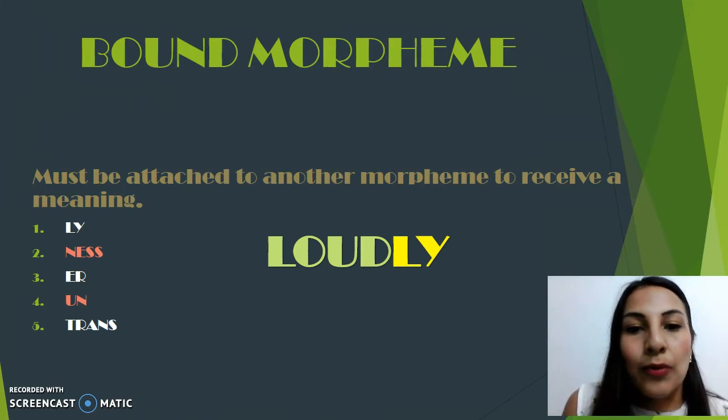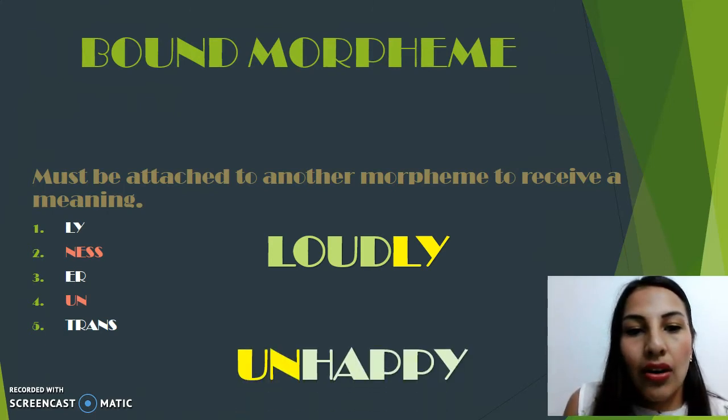For instance, in these words, lonely or unhappy. If you read only un, it doesn't receive a meaning. A bound morpheme needs to be attached to another morpheme to receive a meaning.